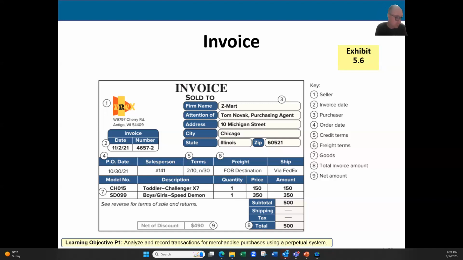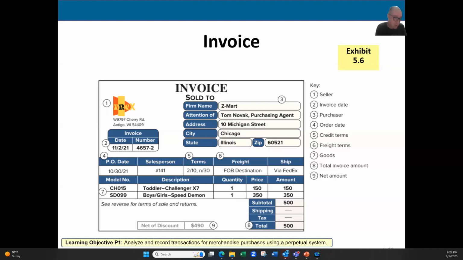Here's why that's important. Free on board destination tells us who is responsible for the goods while they are in transit. In other words, something goes wrong, who's going to cover that cost? Is it going to be the buyer or the seller? It depends on the freight.